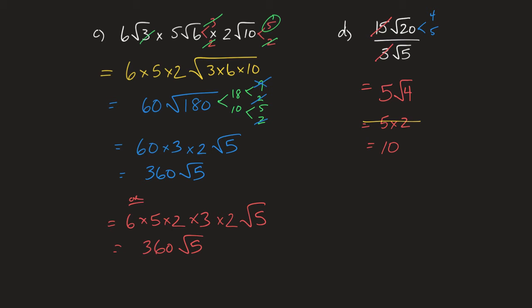So maybe on top, I'm going to take my 15 and then take the square root of 4, which is 2. So I get 30. The 5 is still underneath the root. On the bottom, I can't reduce that one. But now when I go through to examine, my 30 divided by 3, that gives me my 10. And now my root 5s divide out.